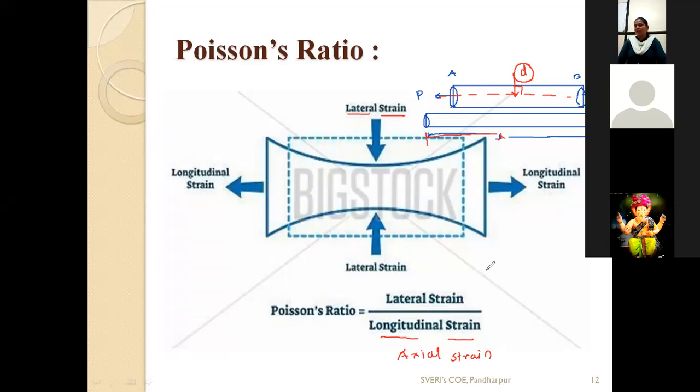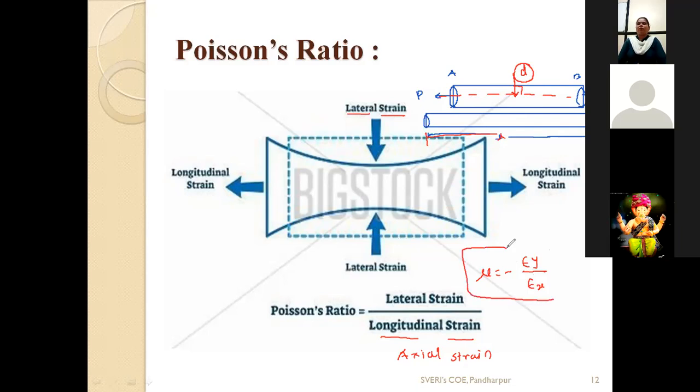So write down mathematically. Mu is equal to lateral strain, that is epsilon y, divided by longitudinal strain, that is epsilon x. Y means with respect to the y axis and x means with respect to the x axis, that is longitudinal strain or axial strain.